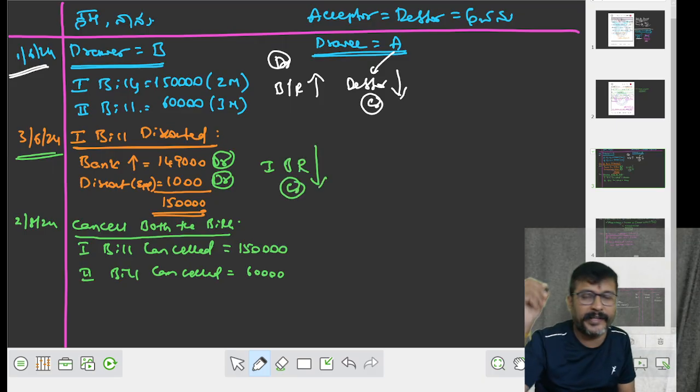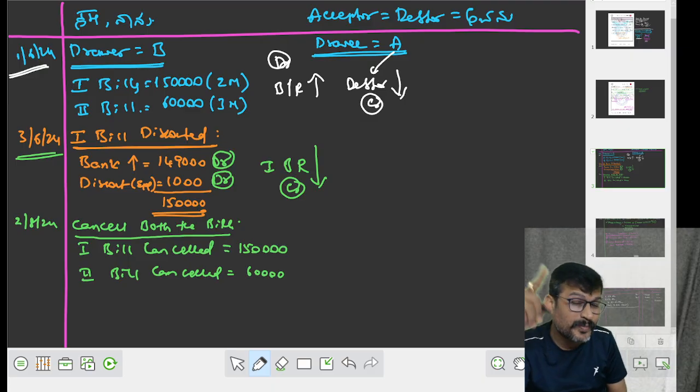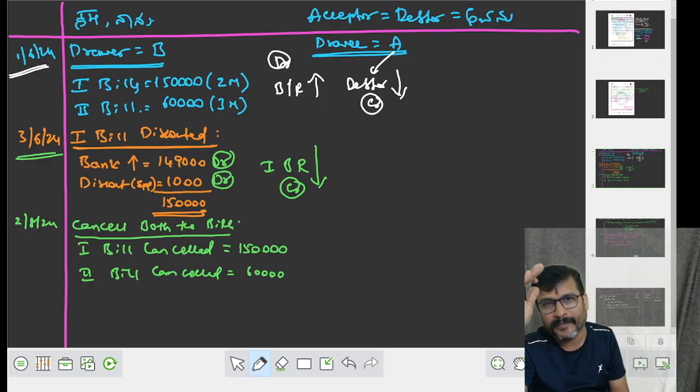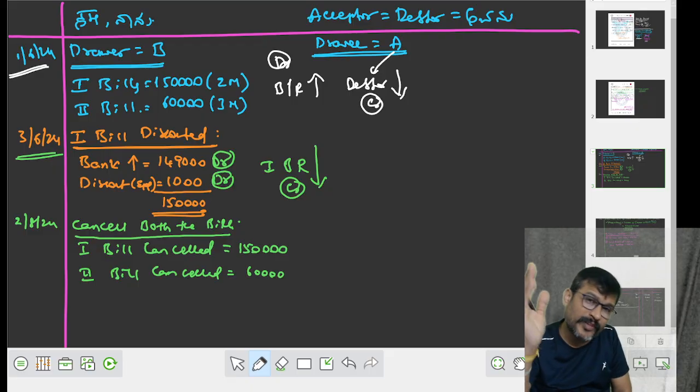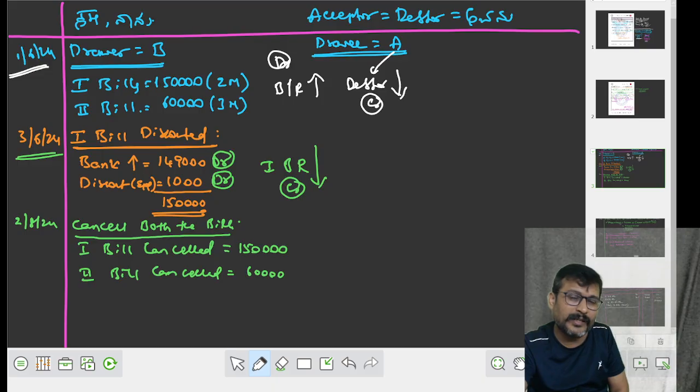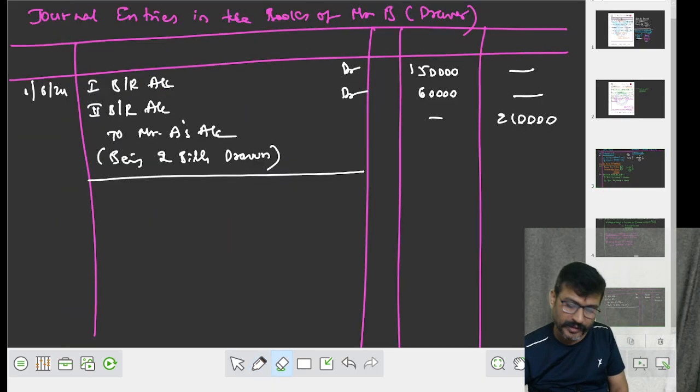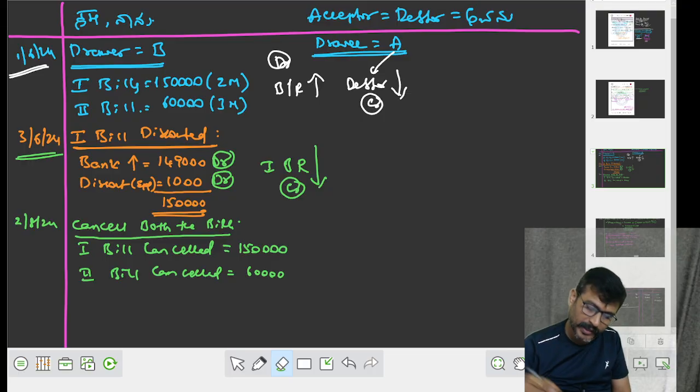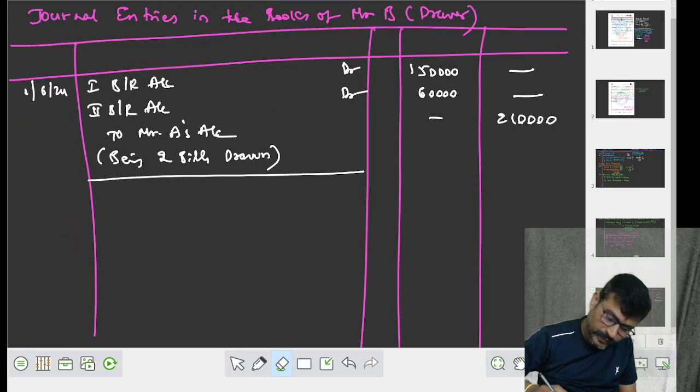It is to be credited, because the first bill is discounted with the banker. बैंक बैलेंस चढ़ गया, डिस्काउंट एक्सपेंसेस वो भी चढ़ गया डेबिट. आपका फर्स्ट बिल्स रिसीवेबल बैंक को जाता, फर्स्ट बिल्स रिसीवेबल डिक्रीज होता, उसको क्रेडिट करना. शैल वी राइट? ऑन व्हाट डेट? ऑन 3rd June.